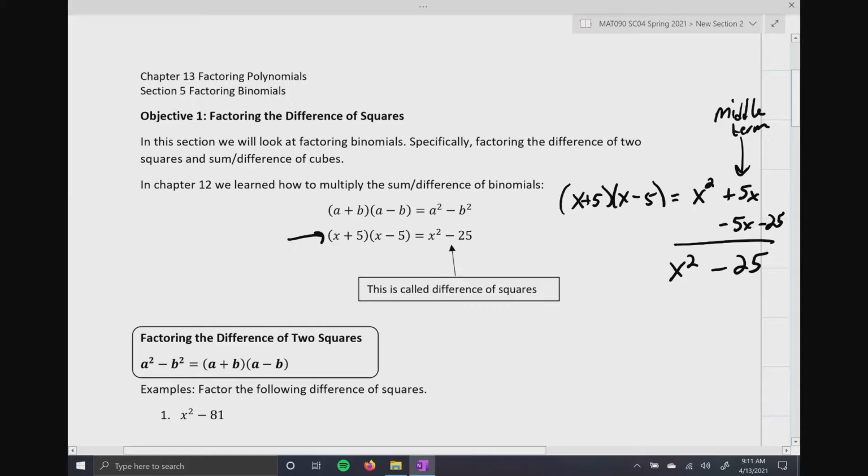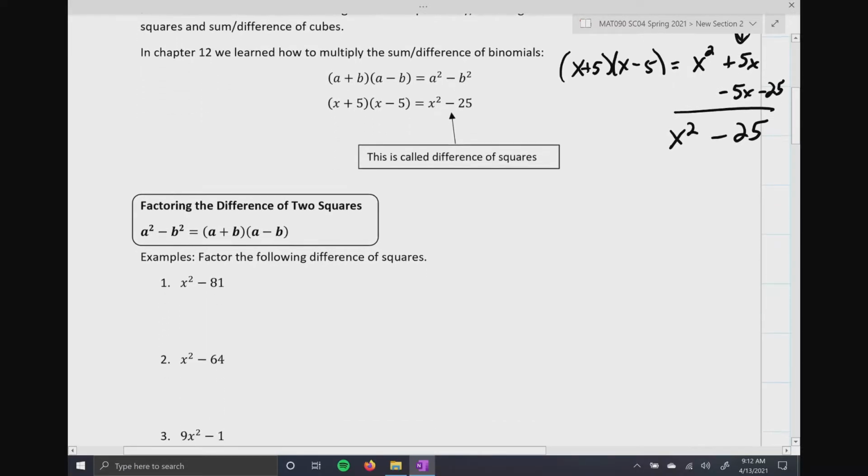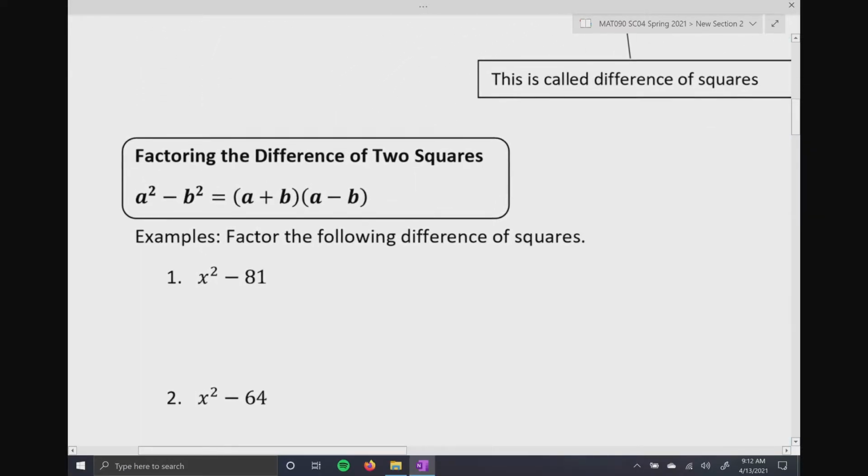Well, now we're going the opposite direction. In other words, what you got to be able to recognize is this. Now I'm actually going to scroll up just a little bit. I'm going to zoom in just a little bit because I'm looking at this box right here. So this technique is called factoring the difference of squares. And what you got to be able to recognize is, number one, you have two terms.